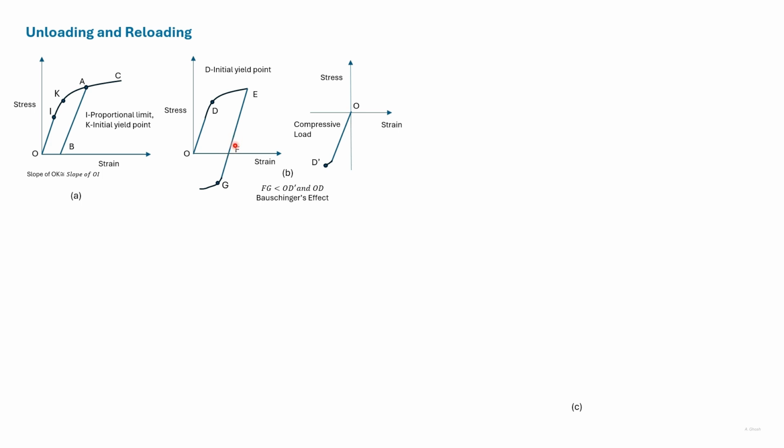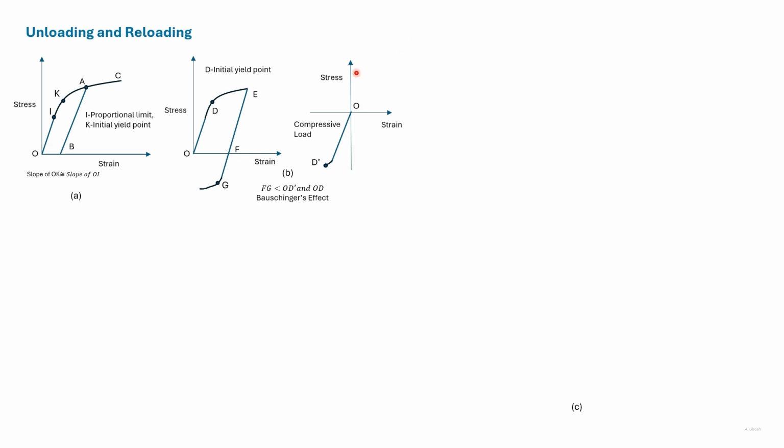So it will lose its elastic strain but retain its plastic strain, which is OF. After unloading, consider the case that we apply a uniaxial compression load. In that case, it will follow FG. At G, it will yield under compression.